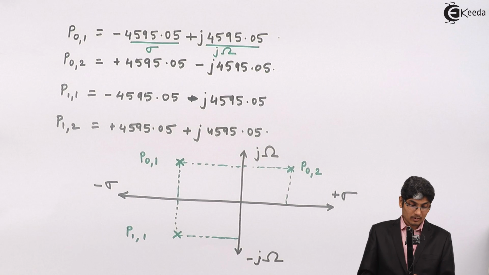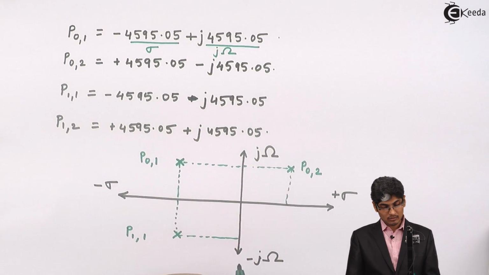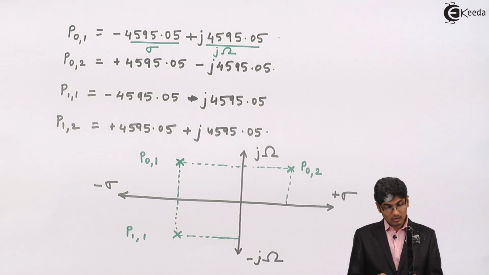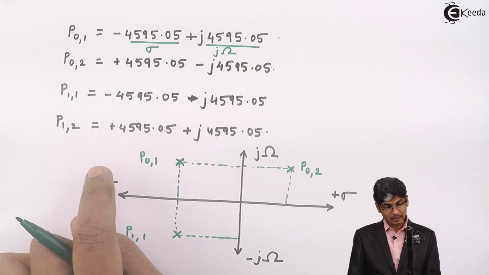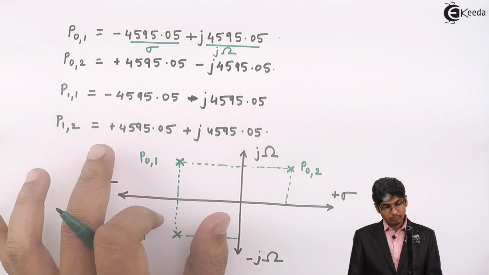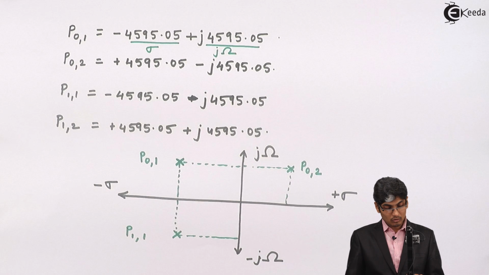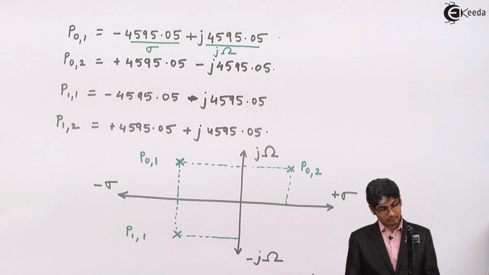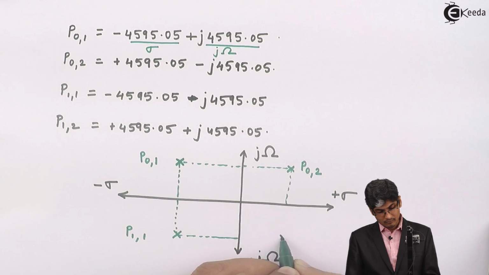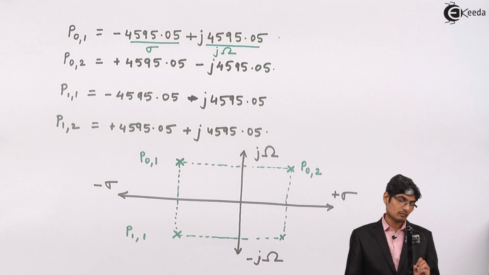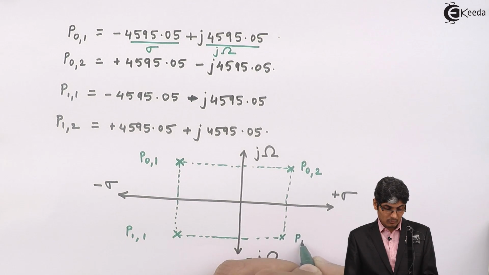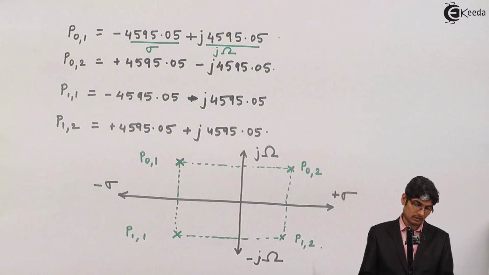And finally P12 is plus plus. So sigma is plus, j omega is plus, right? So that pole will come here, this is P12, let's say.